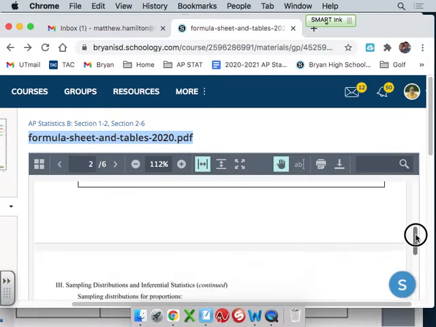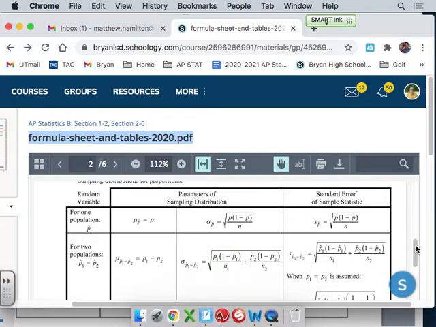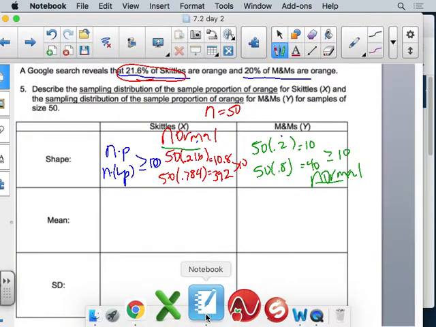So the formula sheet says that the mean of the p hats is equal to the population proportion. So the mean of all the samples of Skittles, that would be like p_S, that's what we labeled it, would be the population proportion that we're claiming. So this 21.6.